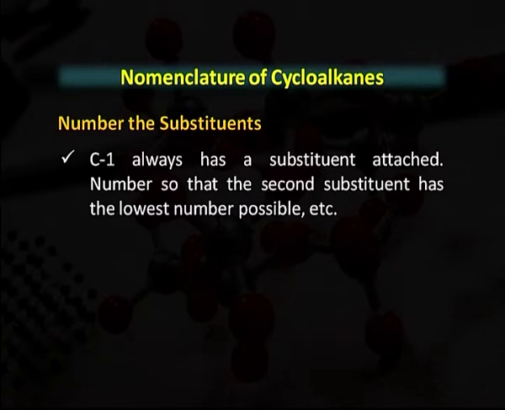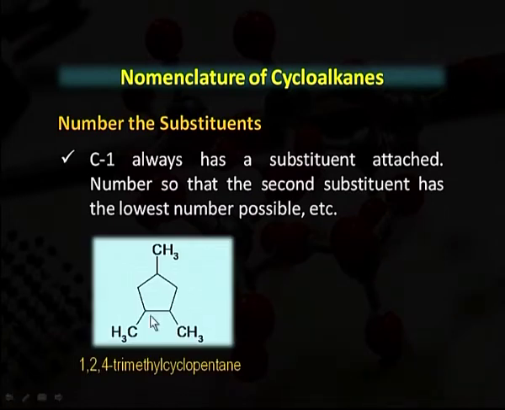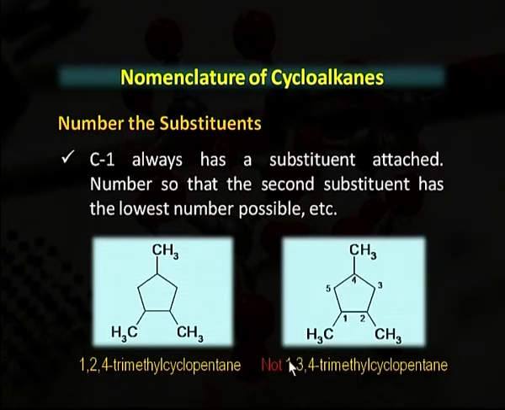Now we will discuss this structure, 1,2,4-trimethylcyclopentane. This is carbon number 1, this is carbon number 2, 3 is blank, and 4 has another substituent. So the IUPAC name of this compound is 1,2,4-trimethylcyclopentane. Note: 1,3,4-trimethylcyclopentane, counting 1, 2, 3, 4, 5, is not correct.